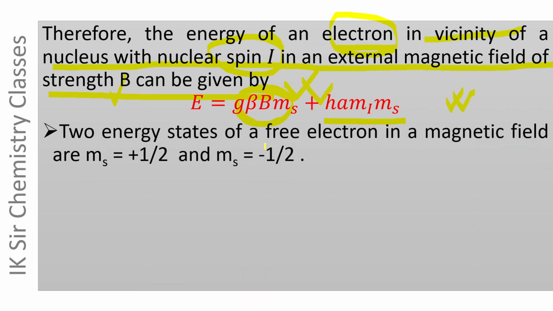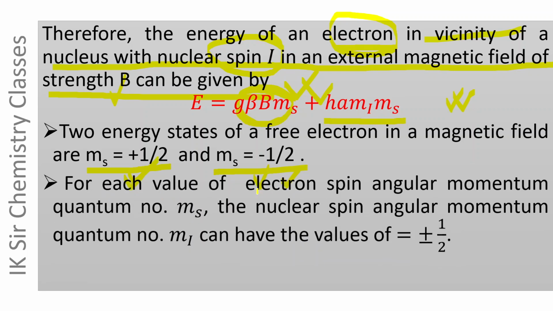The two energy states of a free electron in a magnetic field are ms equals plus half and ms equals minus half. The minus half state has lower energy, while the plus half state has higher energy.